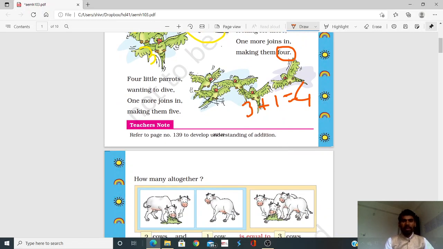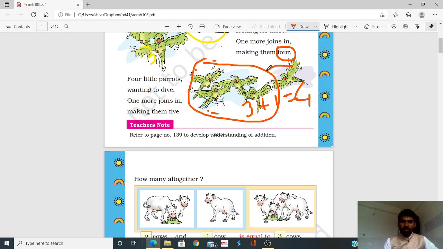Now four little parrots, wanting to dive. One more joins in, making them 5.